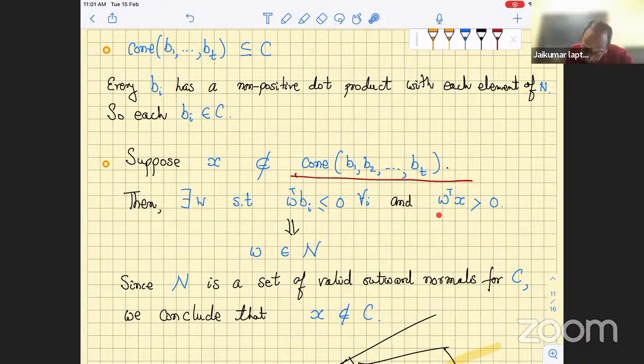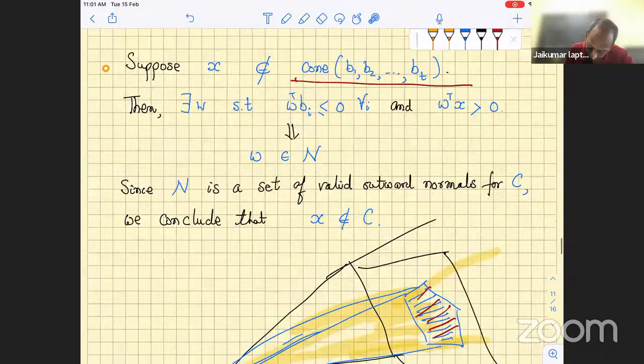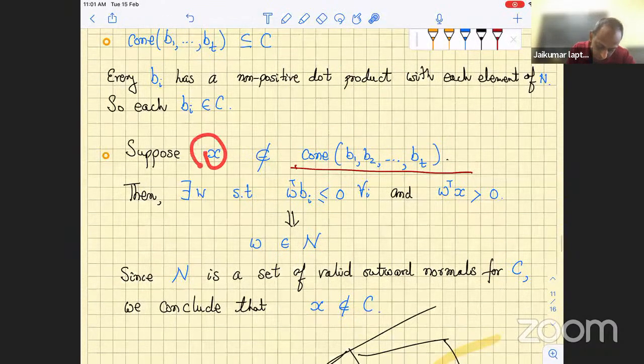So W has a positive dot product with this vector X, which is not in this cone, and its dot product with the BIs is less than or equal to 0. So W has dot product less than or equal to 0 with each BI, but W's dot product with X is positive.